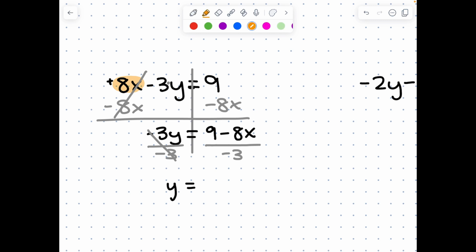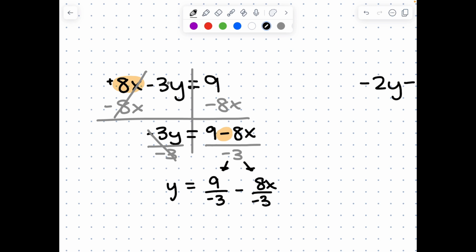Here, though, the way we're going to handle this is actually split this into two different fractions. Since we have this subtraction in our numerator, that means we can split this into 9 over negative 3 minus 8x over negative 3.